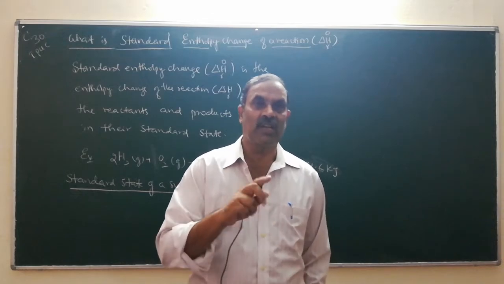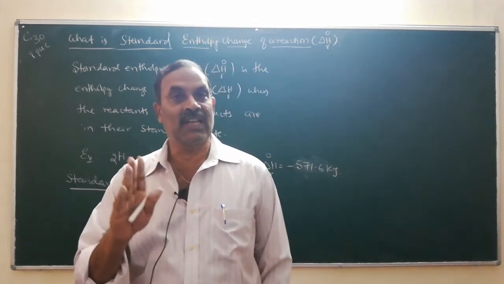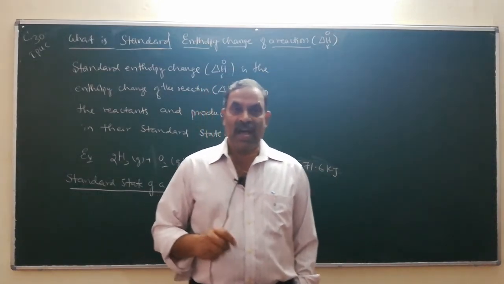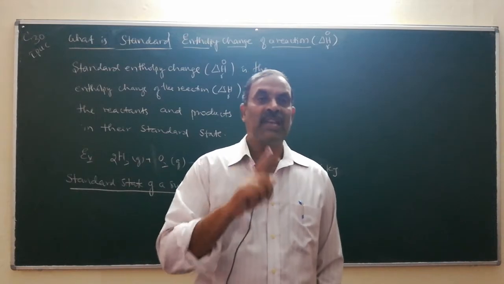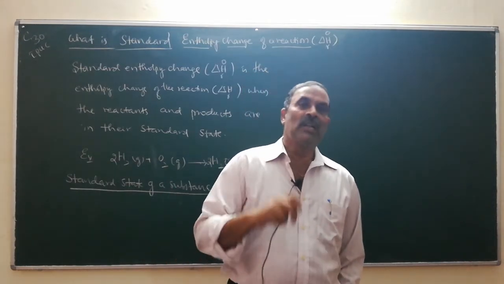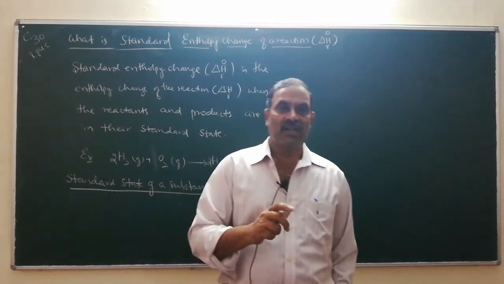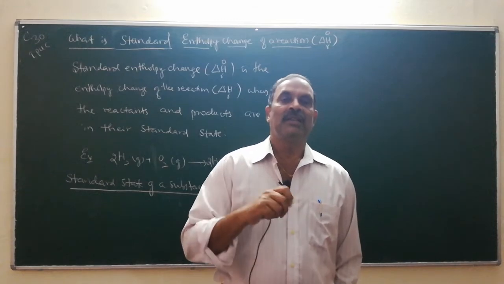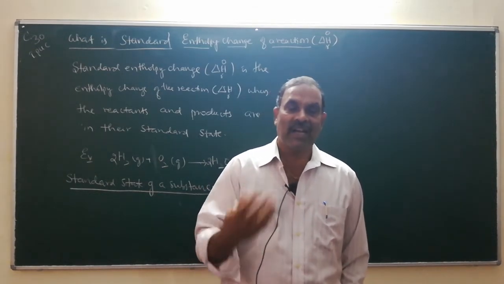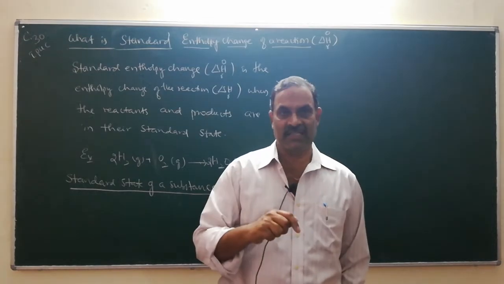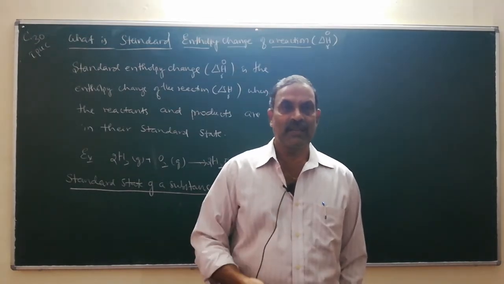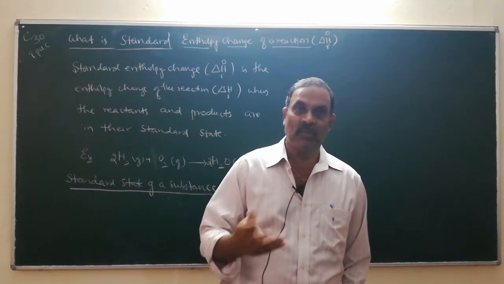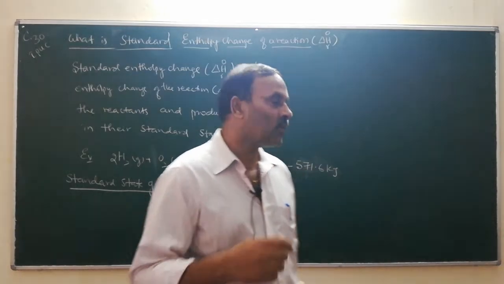Similarly, the standard state of water at 1 bar pressure and minus 5 degrees centigrade is solid state, nothing but ice. At 100 degrees centigrade and 1 bar pressure, the standard state of water is steam, water vapor.